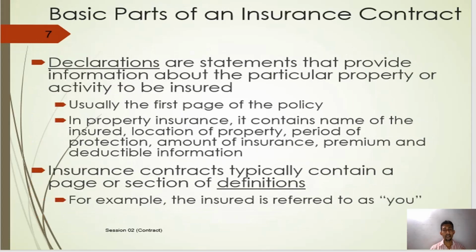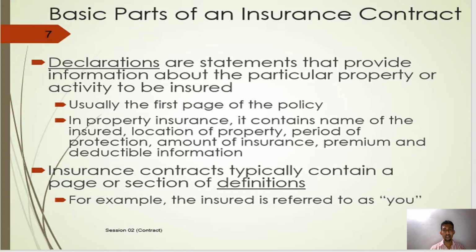Moreover, there are some sections that we need to understand, a couple of technical words that we see in an insurance contract. To start off with, declarations. One of the key features we see in an insurance contract is declarations.